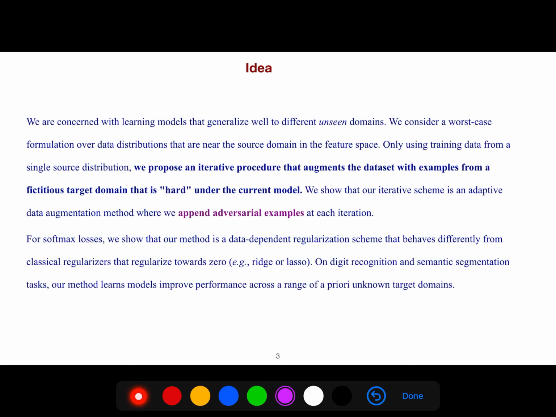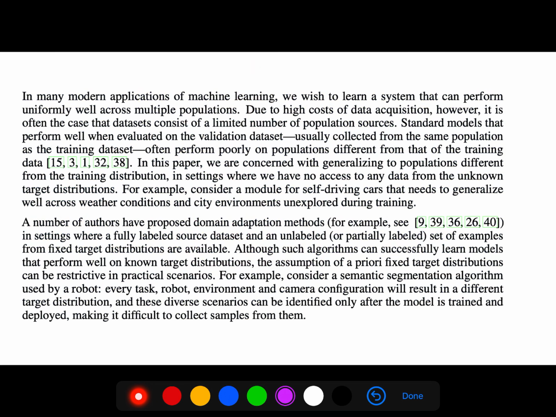For softmax losses, we show that our method is a data-dependent regularization scheme that behaves differently from classical regularizers that regularize towards zero. On digit recognition and semantic segmentation tasks, our method learns models that improve performance across a range of a priori unknown target domains.